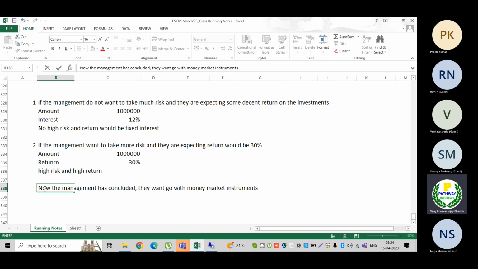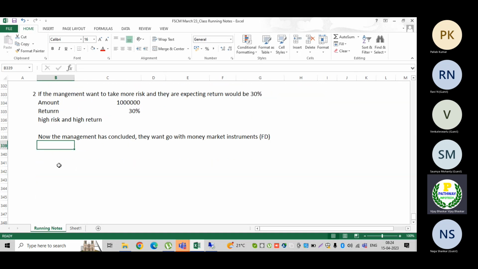When I say money market instrument, it's a fixed term deposit. They want to go for the fixed term deposit. Now they have decided they want to do the investment into the FD. Now let us talk about how to structure the product.